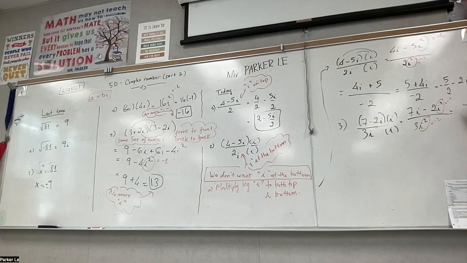So I flip the sign, this is +2. I flip the sign, this is -3. And I want to put them in standard form, so I put 2 first. 7i over -3. So 2 over -3, -7i over 3.